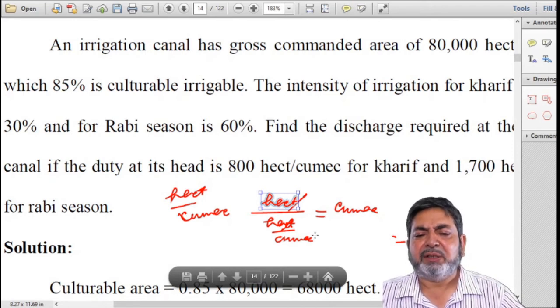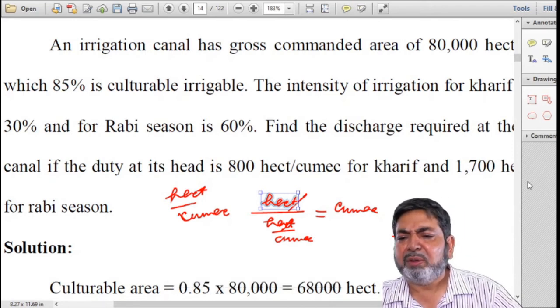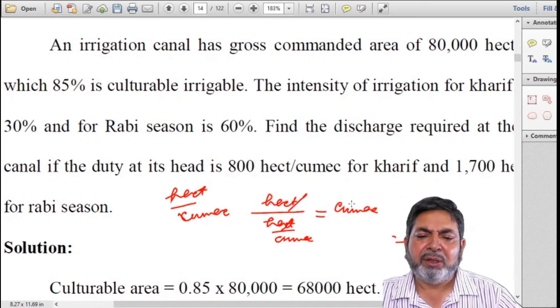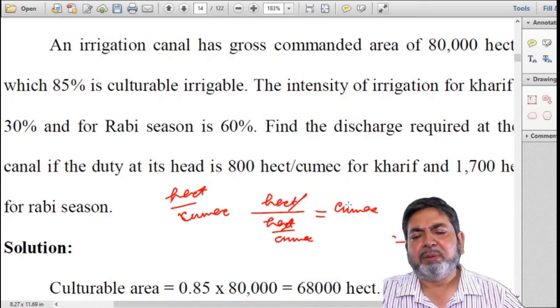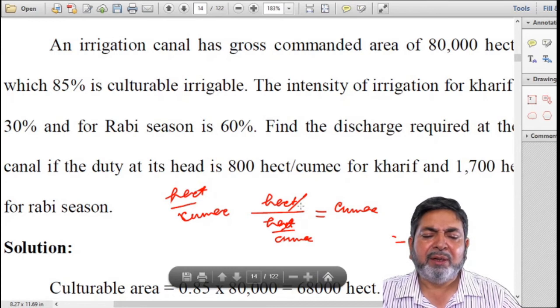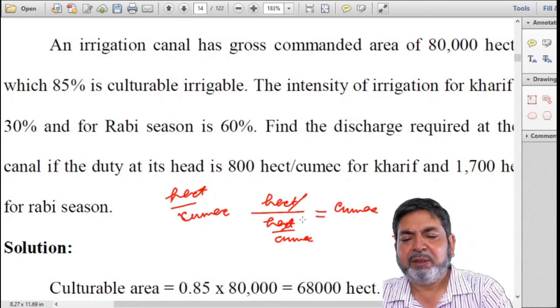That is the discharge. So if you want to find out the discharge and you have been provided the data of area and duty, you divide area by duty, you will get the discharge, as I have told you here, by means of units.